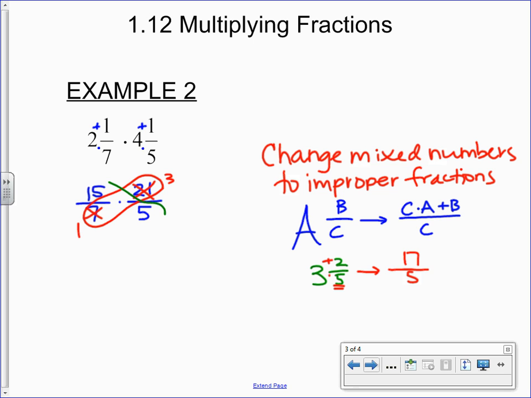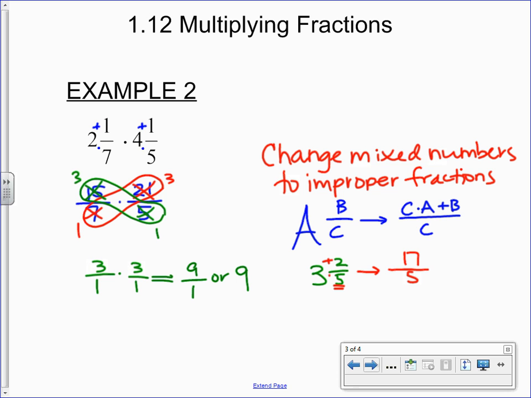In the other diagonal, 15 and 5 can both be divided by 5. 15 divided by 5 is 3. 5 divided by 5 is 1. If I rewrite this, we have 3 over 1 times 3 over 1. Multiplying straight across, I get 9 over 1, or just 9.